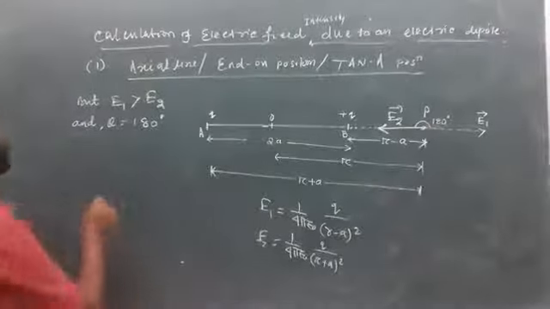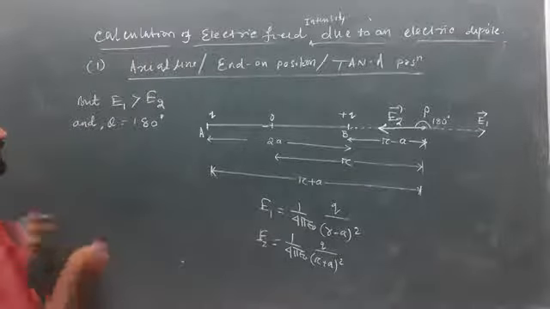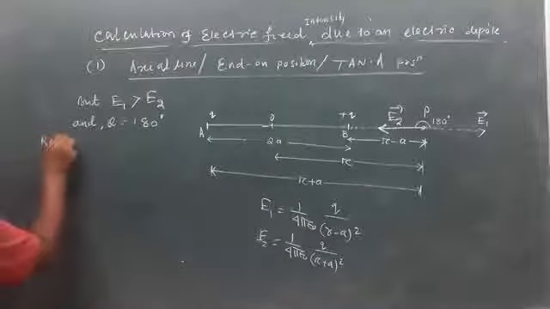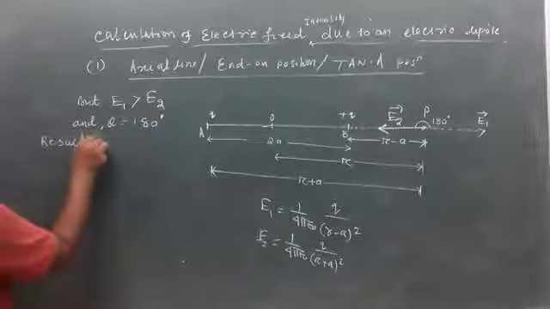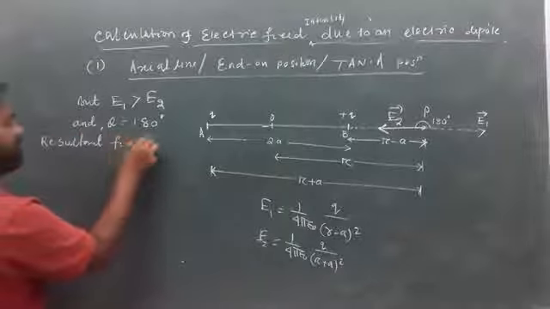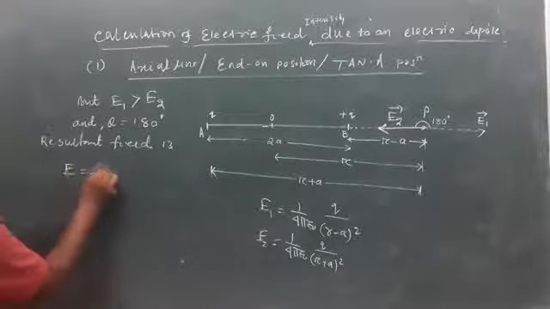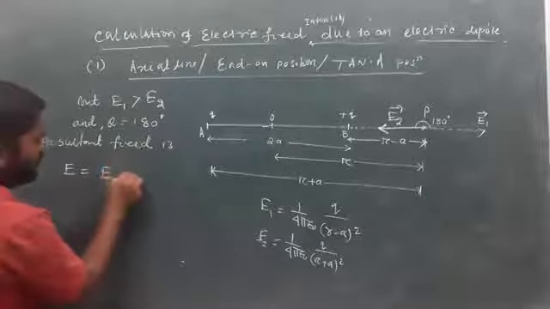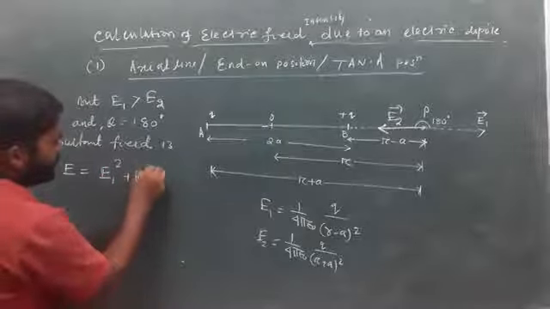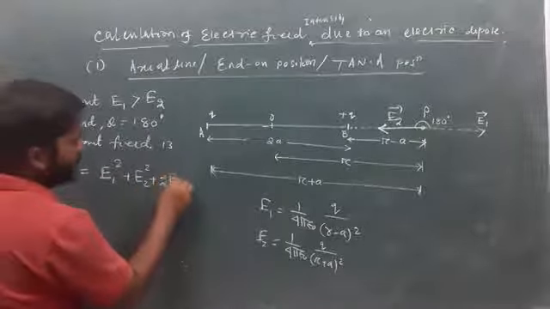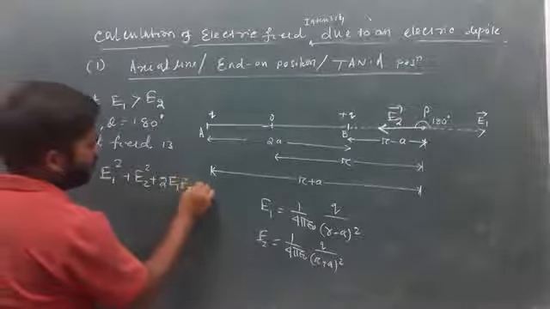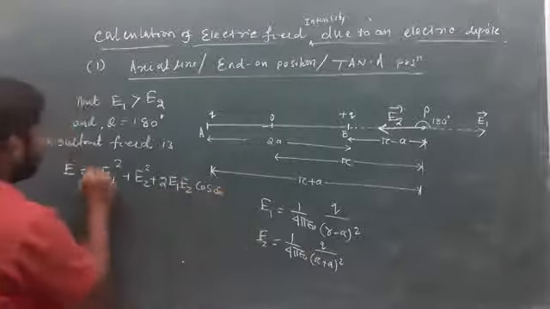So when we substitute into the resultant field expression, E equals the root of E1 square plus E2 square plus 2E1 E2 cos theta.